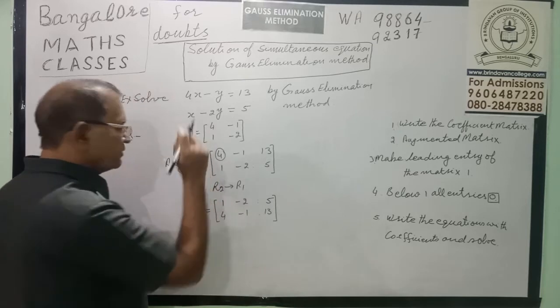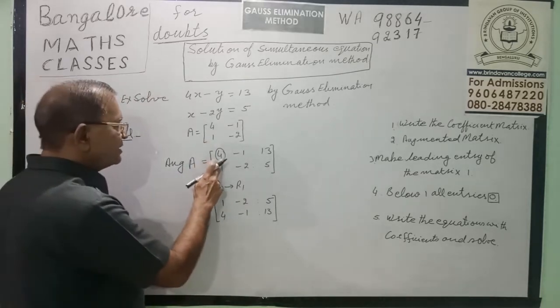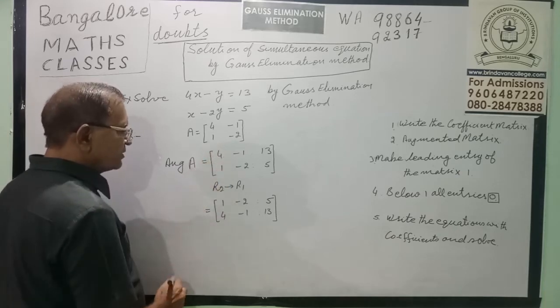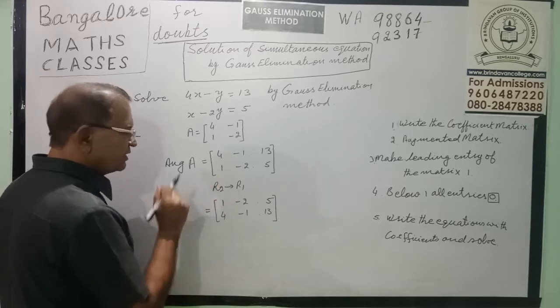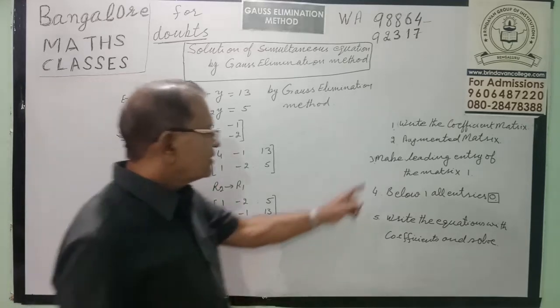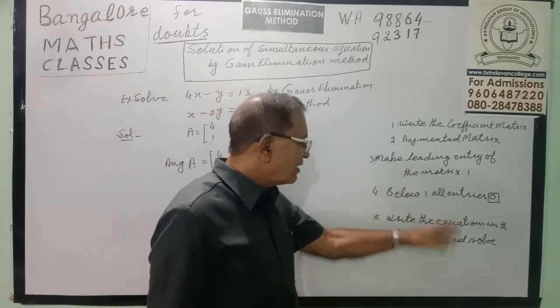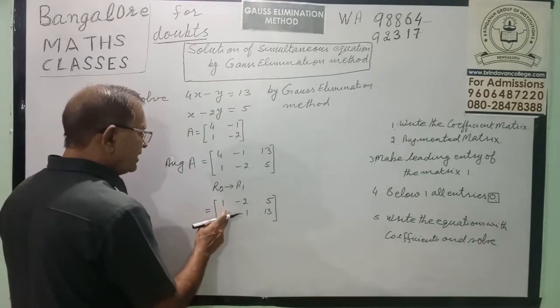So we have got here 1. I have taken the leading entry by interchanging the rows. Third step is over, make the leading entry 1. Below 1, all entries 0.